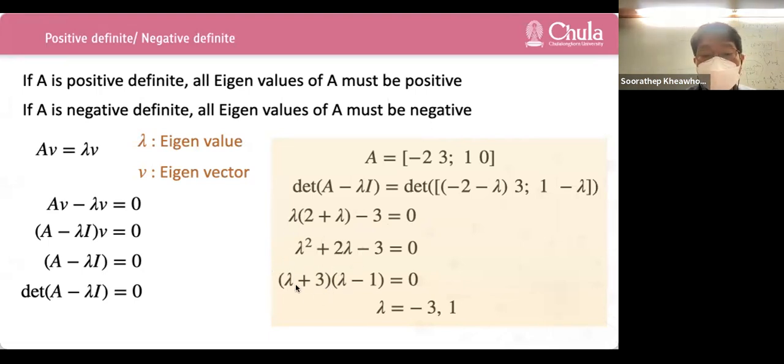This can be changed to lambda plus 3 times lambda minus 1. So the eigenvalues are minus 3 and 1. That means you have 2 eigenvalues, but in different directions. So it's not positive definite nor negative definite. It's undefined.